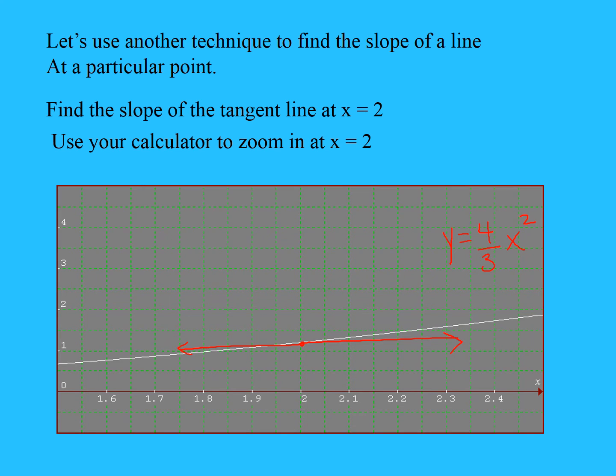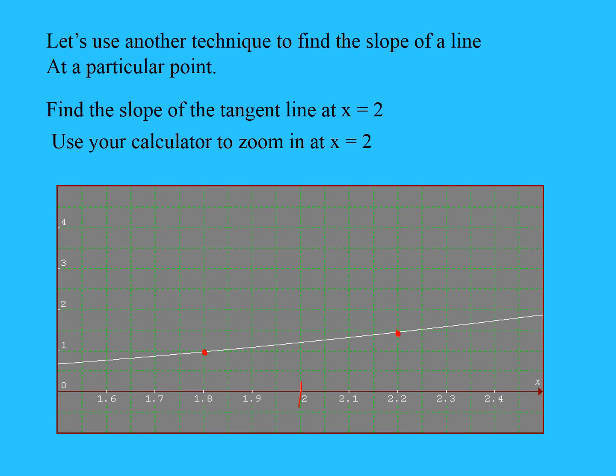However, I'm going to choose the point 1.8. I did the calculation for 1.8, and I know it's not on our graph. It's on the previous slide. So if we looked at the previous slide, I chose this point right here. Let me get rid of this tangent line. I chose this point here, 1.8.